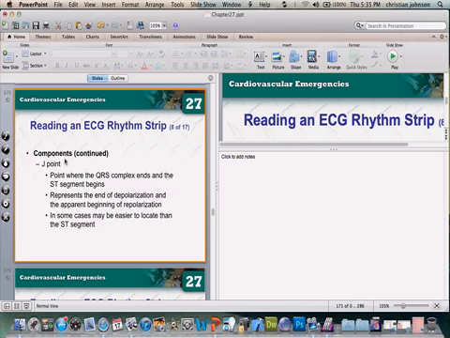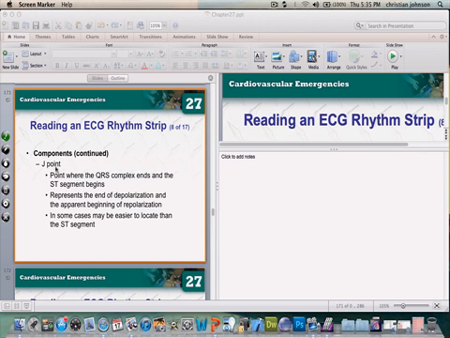Talking about the J point, when we're moving on past the EKG, we have our P, we have our Q, we have our R, we have our S here. Now the J point is the portion where your S wave comes up and meets your isoelectric line. Your J point should always be isoelectric, meaning that the J point sits on this isoelectric line.